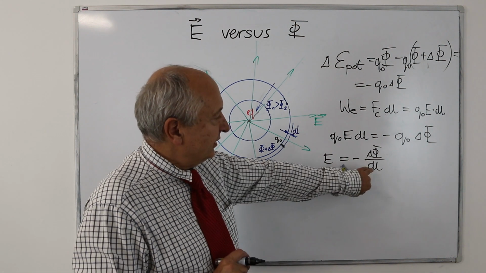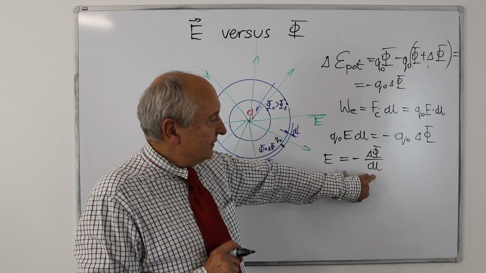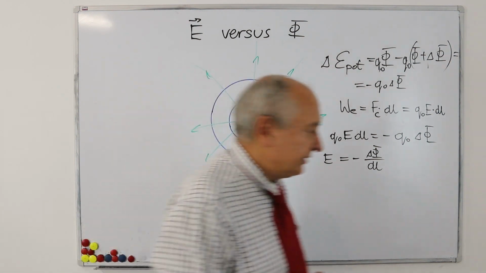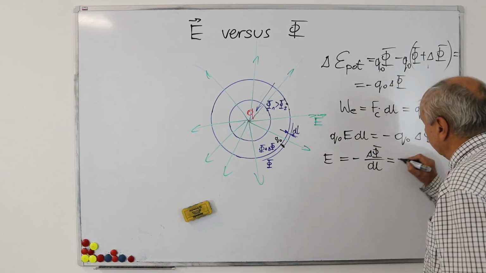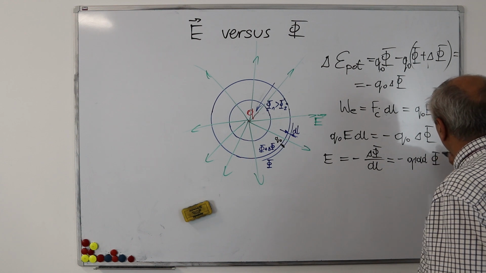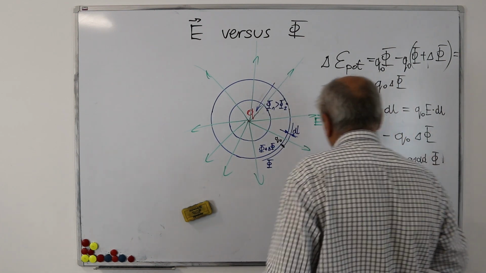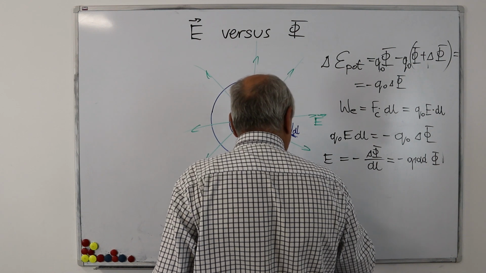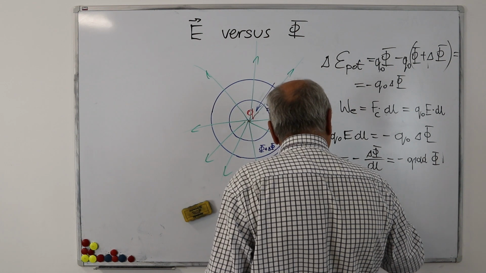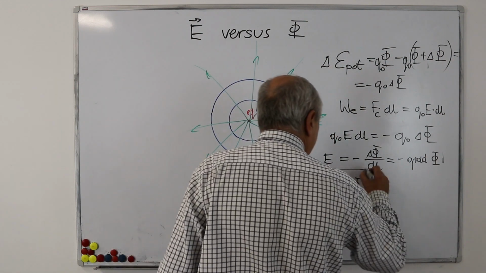This is the differential calculation according to the coordinates. So we can write this as a gradient. This is minus gradient phi. So finally we can write that the vector of electric field intensity is equal to minus gradient phi. This is very important.